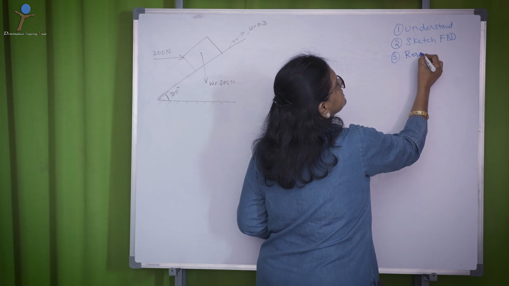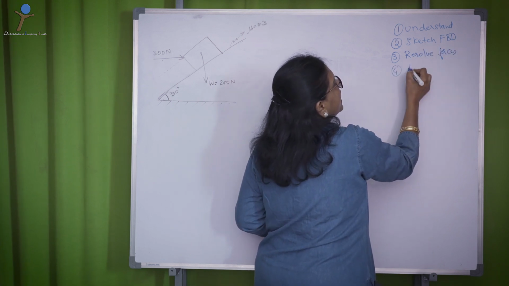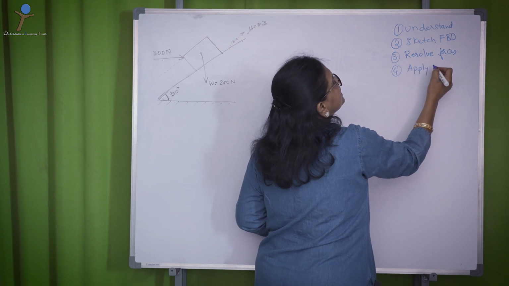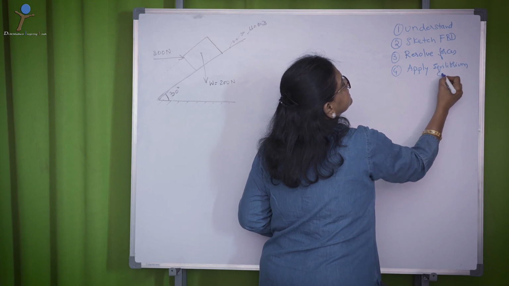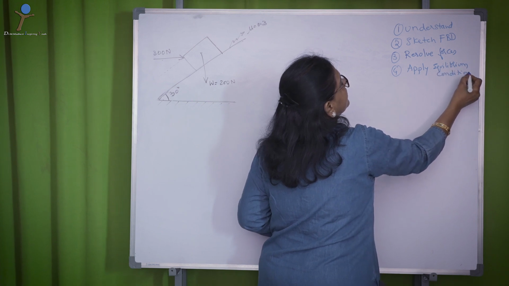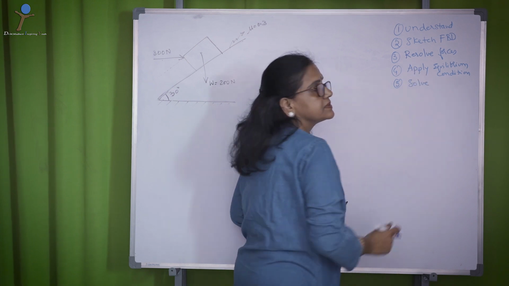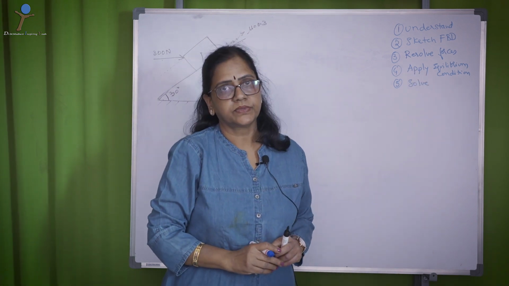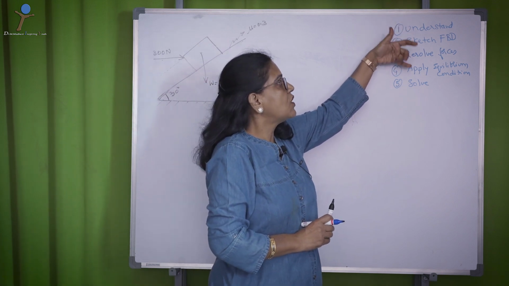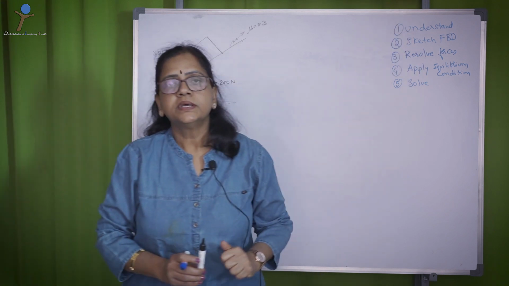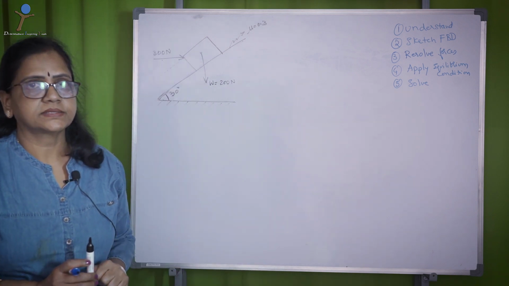Resolve the forces. 4. Apply equilibrium conditions. And 5. Solve the simultaneous algebraic equations and understand the result. So in short, I can say understand, sketch, resolve, apply, solve. This is applicable to all problems of engineering mechanics.